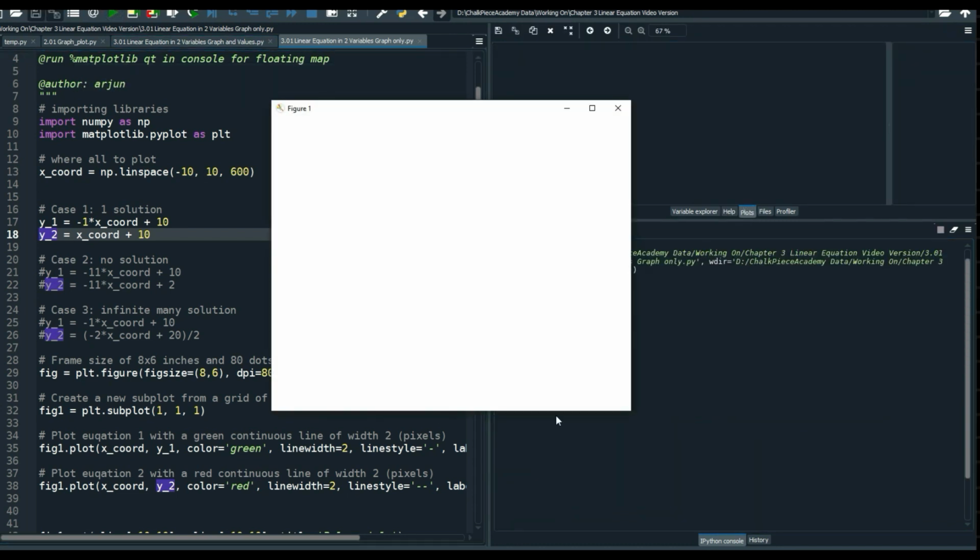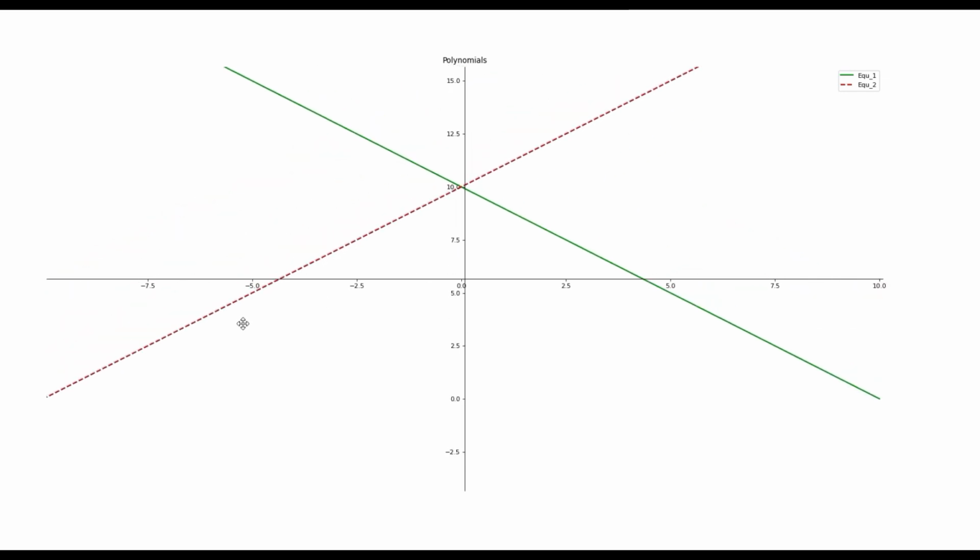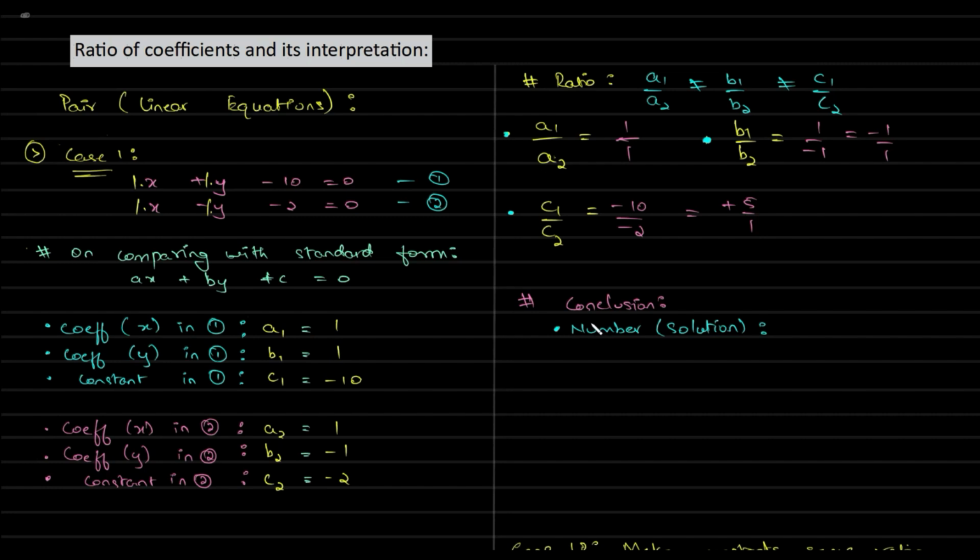So we have equation 1 to be the green line, the red line happens to be equation 2. We can see the lines do cross each other at a particular point, and that is your solution. So how many solutions are there over here? Since the lines are crossing only at one point, the number of solutions is 1.